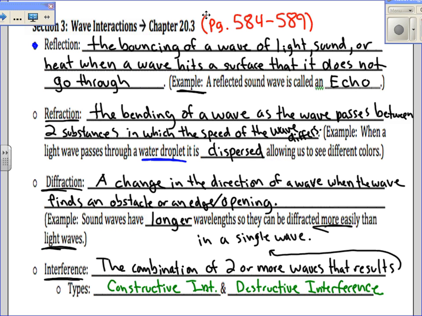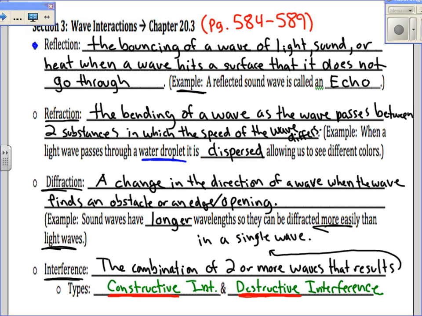Constructive is when the crests overlap other crests, and they have higher crests with deeper troughs. This will form more energy. So you'll see that they're in sync in constructive interference. In destructive, the crest of one wave overlaps with the trough of another, and this forms smaller amplitudes. The energy of the wave decreases.